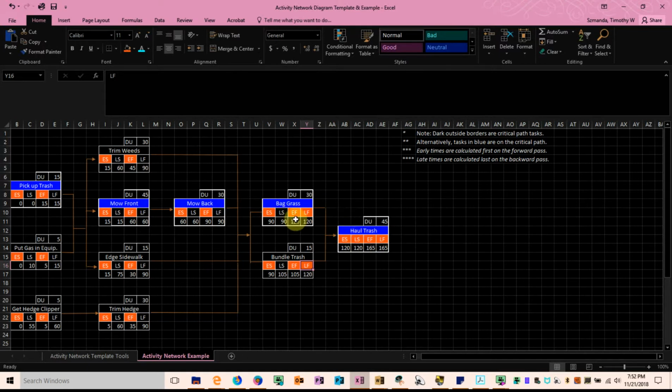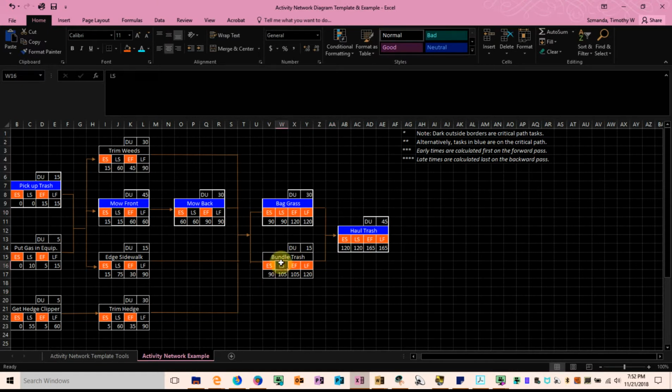The latest start time of the bagging the grass and bundling the trash activities would have to be the 120 minutes latest finish minus the 30-minute duration for this activity. 120 minus 30 is 90. So the latest start time for bagging the grass will be 90.